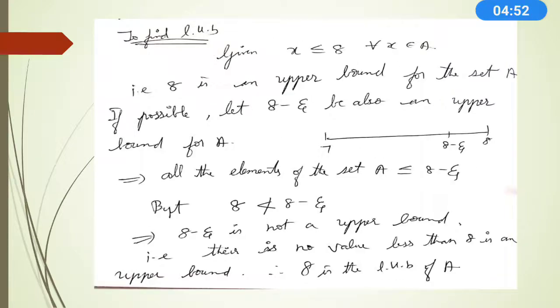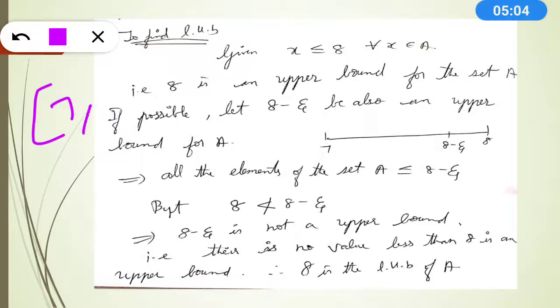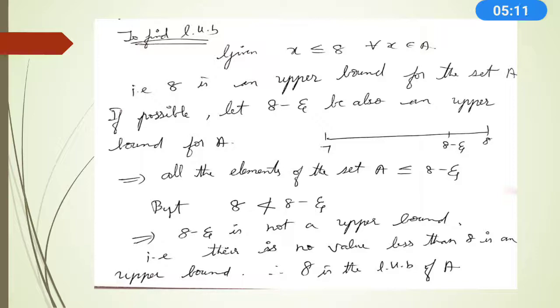Given x is less than or equal to a, we have taken the closed interval 7 comma 8, therefore my elements will be less than or equal to 8, which means that 8 is an upper bound for the set by the upper bound definition.